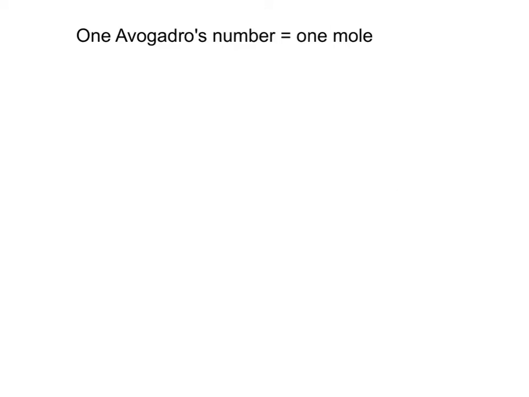Okay, you also need to be thinking about it in words. So if I have 1 Avogadro's number, that's equal to 1 mole. So if I have H3PO4, then if I have 1 Avogadro's number of this, then I have 1 mole.